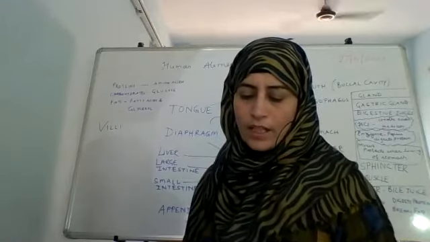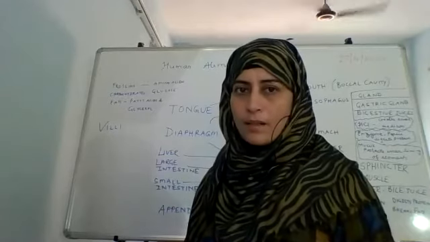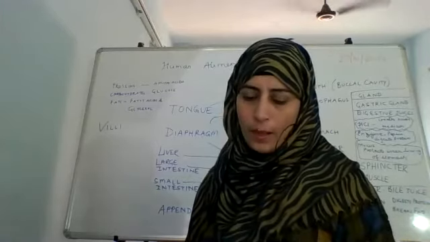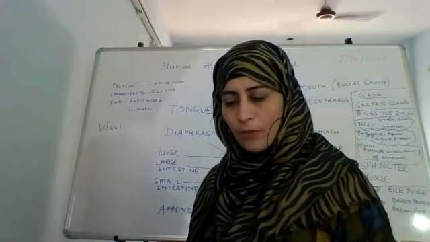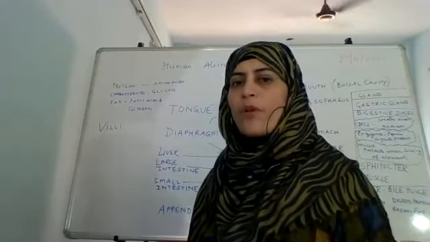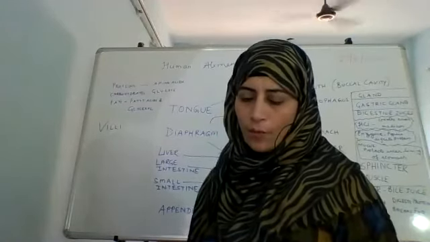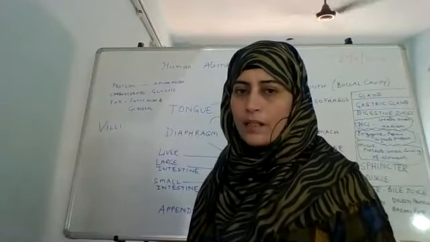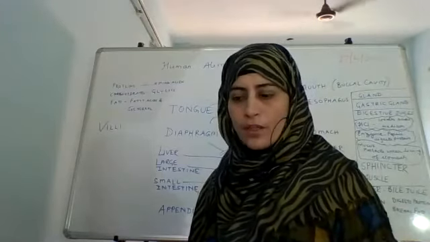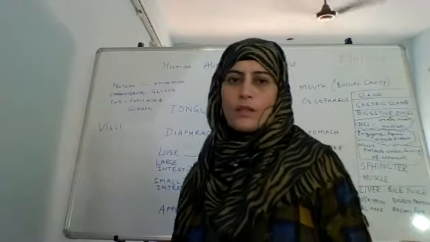The villi are richly supplied with blood vessels, which take the absorbed food to each and every cell of the body, where it is utilized for obtaining energy, building up new tissues, and the repair of old tissues.